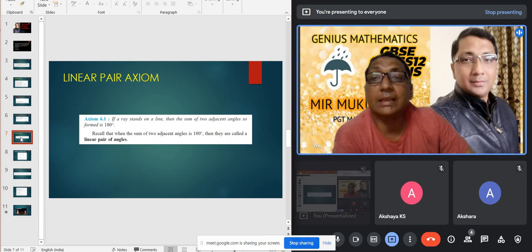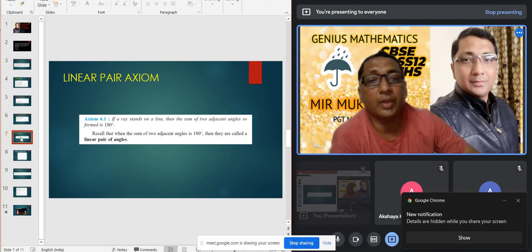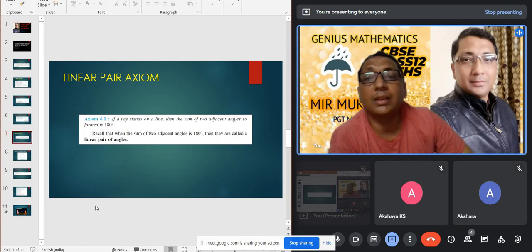Next is the linear pair axiom. So what is the meaning of axiom? Axiom and postulate, these two terms you will get in chapter 5. Axiom means, after many experiments, if any mathematician concludes that this is true for all, and if the whole world accepts that statement, that is called an axiom.